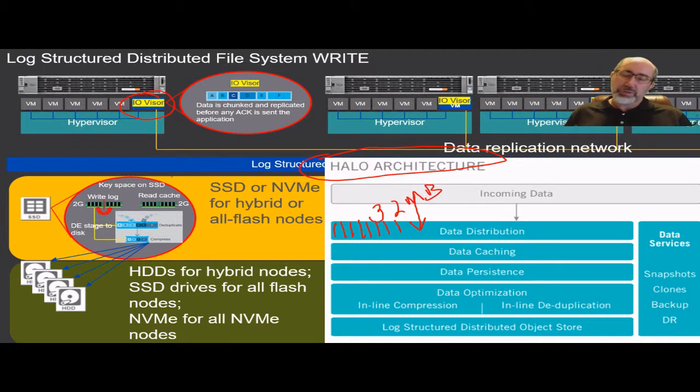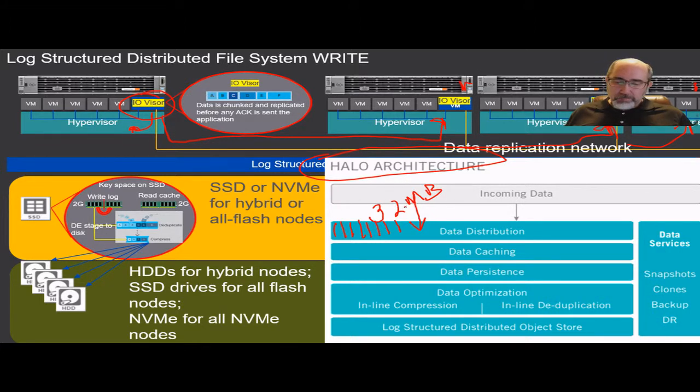Those 32 meg chunks are then distributed potentially to the local machine caching, but also out to the rest of the machines in the environment, right? So every single one of these machines is used, and the caching in each one of those machines is used as well. So this is what makes the speed happen. This is the magic.